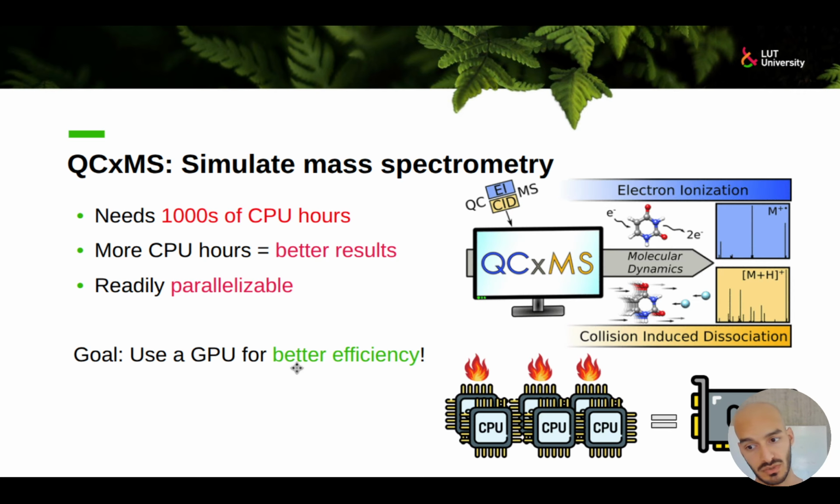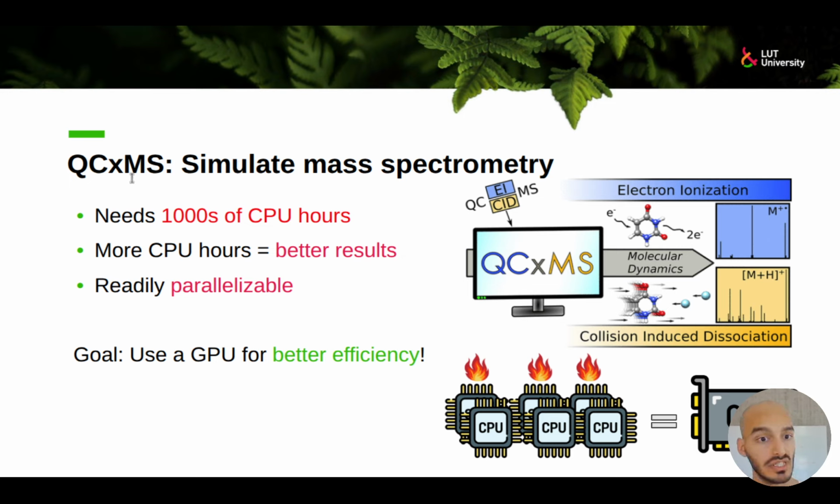Now, mass spectrometry is very expensive, and so there has been a push to make simulations for it. It's very hard to get the materials, the expertise, and the hardware to perform these. QCXMS is a software which allows you to simulate mass spectrometry.